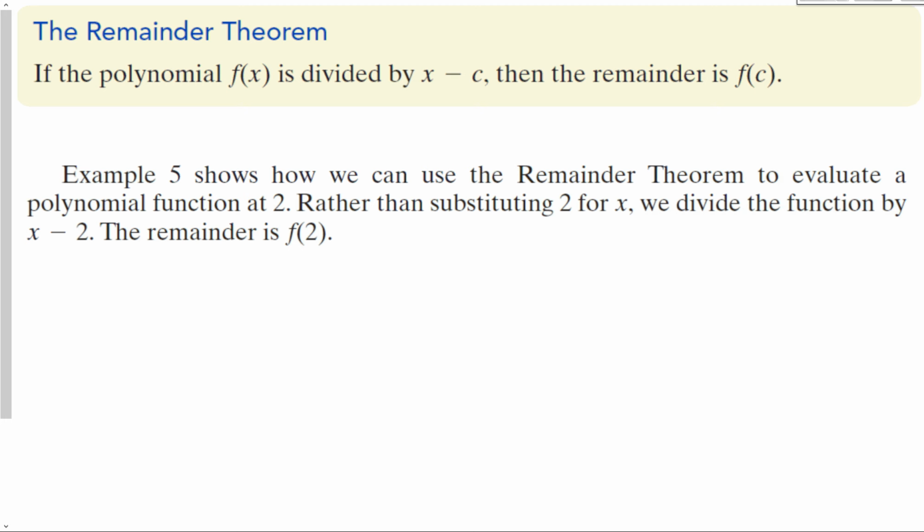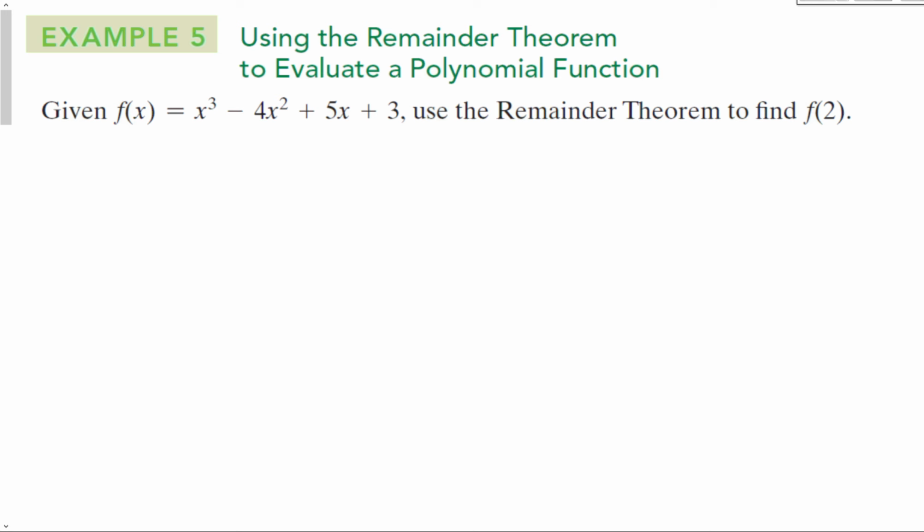This is another method to evaluate a function at a specific point. So rather than substituting 2 for x, we divide the function by x minus 2, and the remainder is f of 2. So use the remainder theorem to find f of 2, which means we're going to divide by x minus 2. That's important because when we use synthetic division, we change the sign.